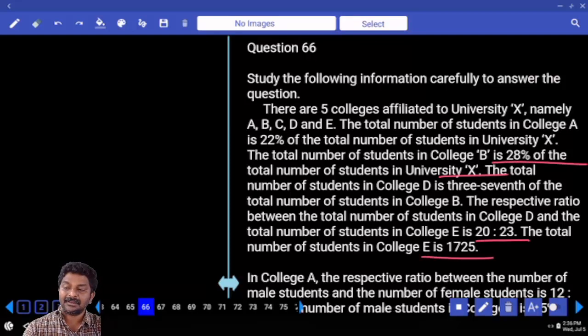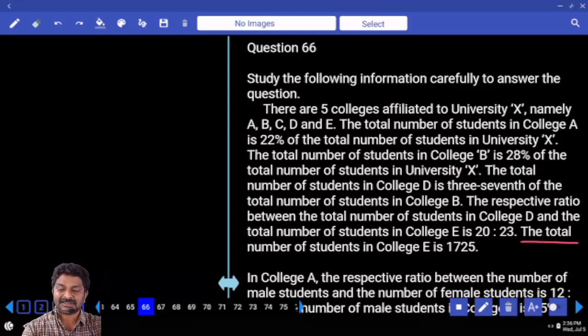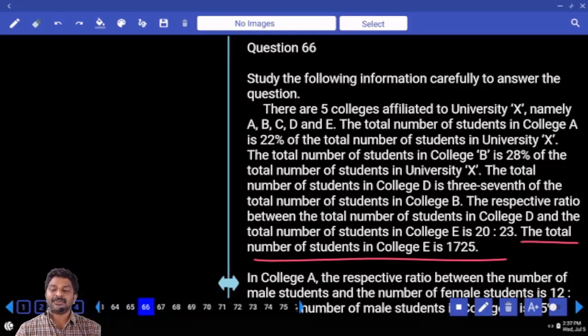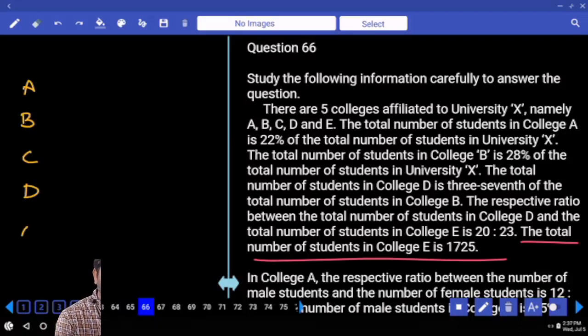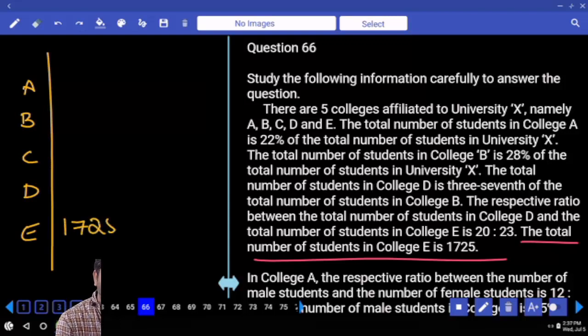So don't read the remaining data, just read the last line. Total number of students in college E, 1725. Okay, now we have A, B, C, D, E, which is 1725.